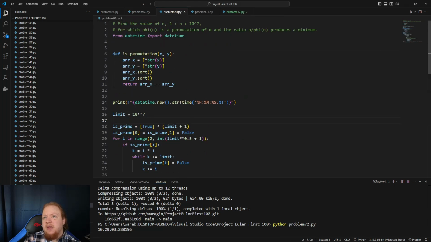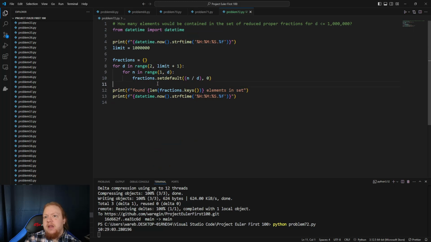Problems 69 and 70 had to do with this function phi of n, where the result is the number of relative primes to n. So in here, instead of calculating like this, what we really want to do is calculate the phi of every d and add it together.